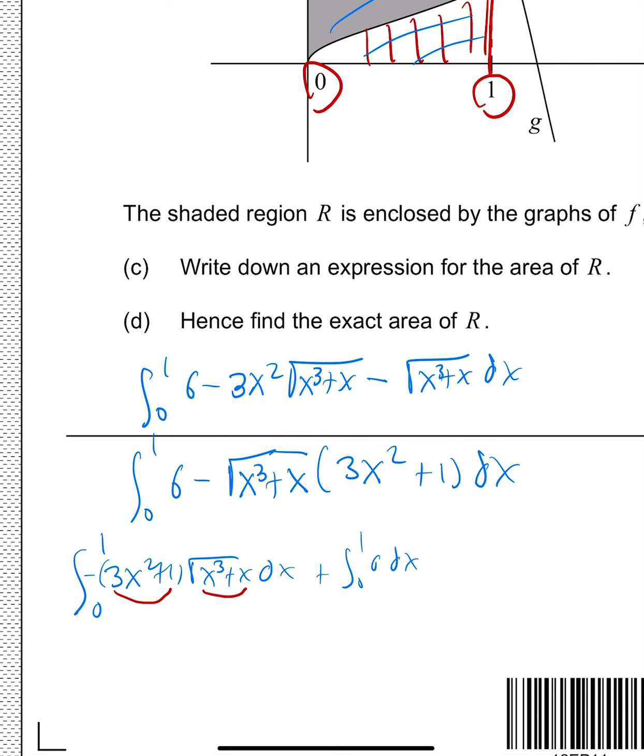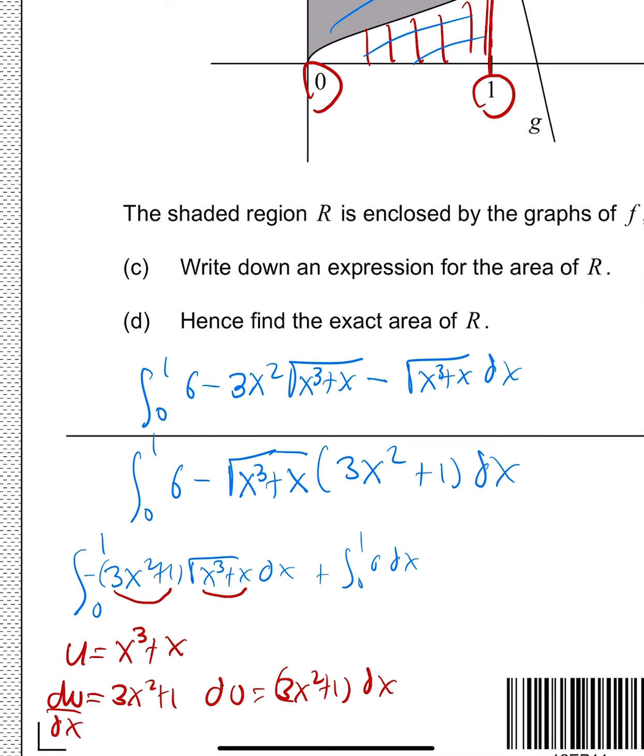So let's just try this. I'm going to say u is equal to x cubed plus x. So du over dx is going to equal 3x squared plus 1. And du is going to equal 3x squared plus 1 dx.